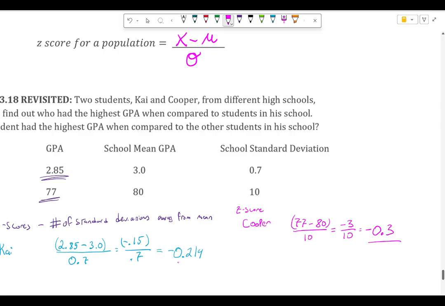So these are the same calculations we did before. The only difference is that now we're calling them z-scores, and notice that I included the negatives with these calculations because now we are using the z-scores. Please do take a moment, or about 15 moments, and watch the next video on z-scores, where we'll go into z-score calculations in a lot more detail.